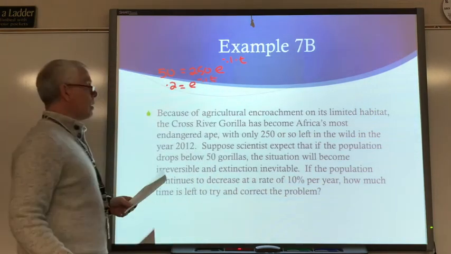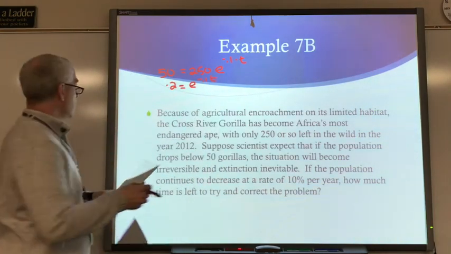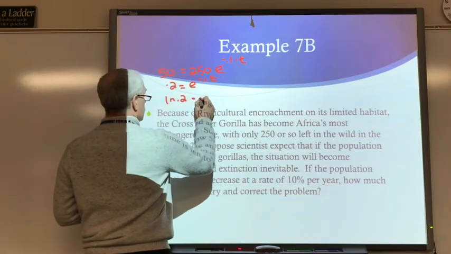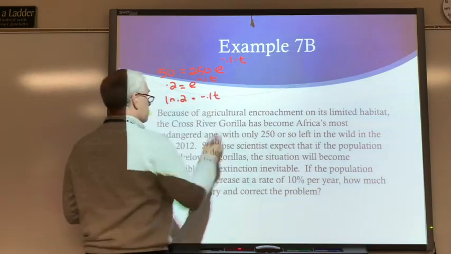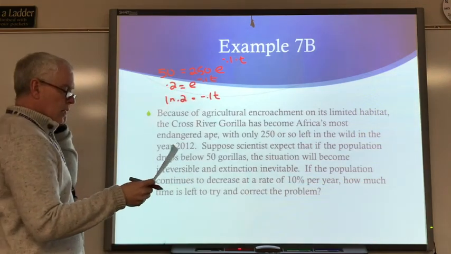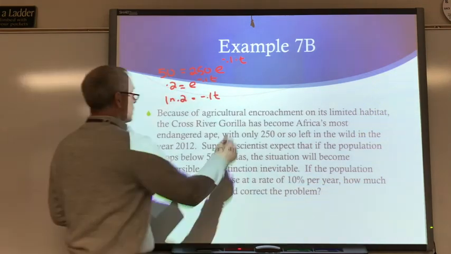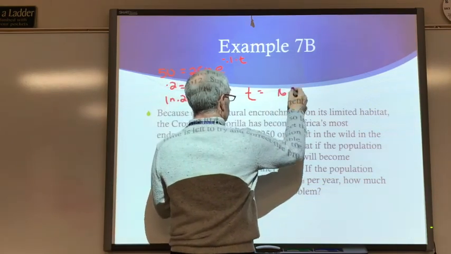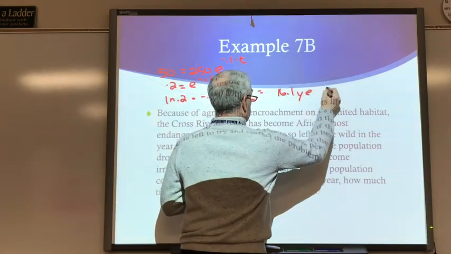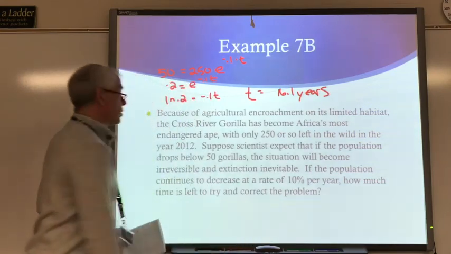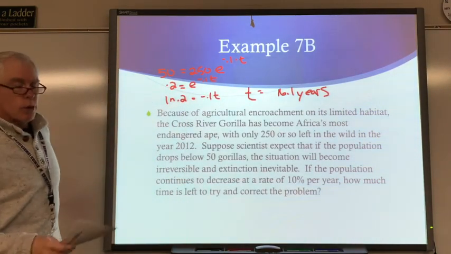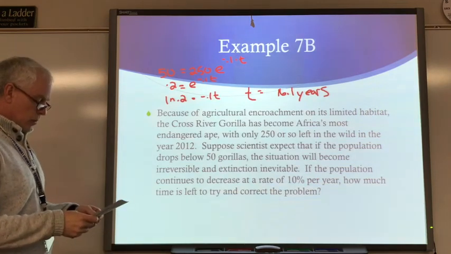Okay, and then I'm going to take the log of both sides so that I can undo that e. So the ln of 0.2 equals negative 0.1t. Divide both sides by negative 0.1, and I get t is about 16.1 years. So if nothing else is done, those animals will approach extinction in 16.1 years.